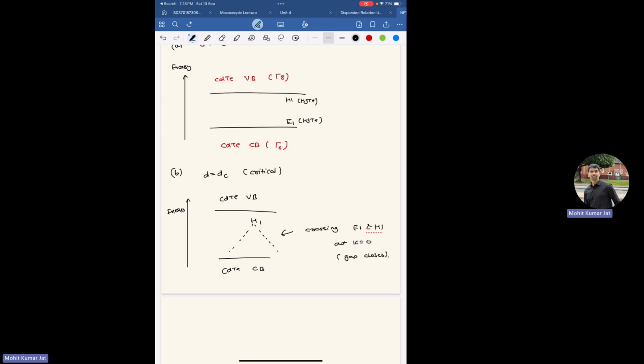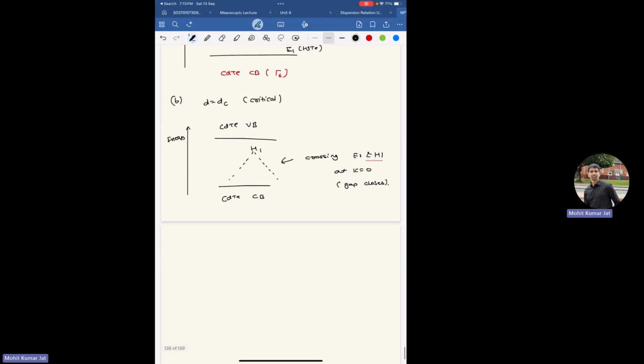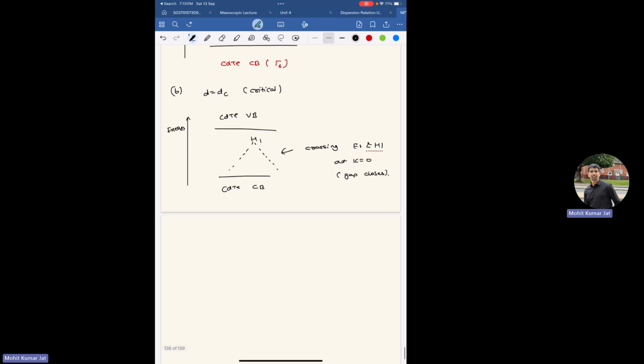Now for D greater than DC. This gives inverted band. So you have energy in this axis.